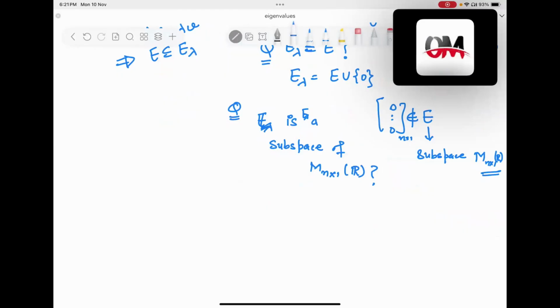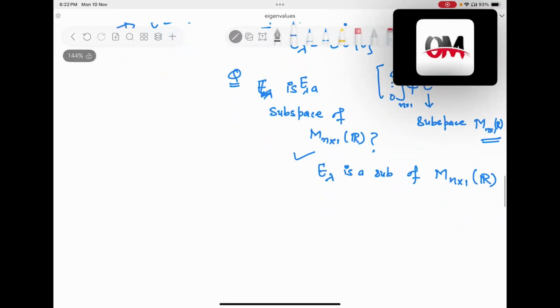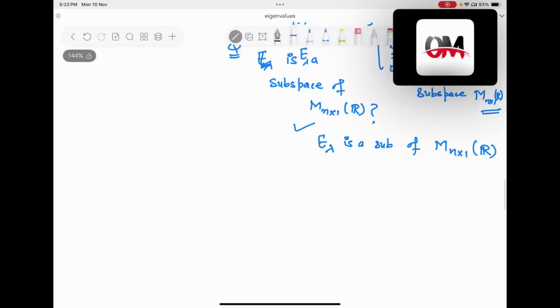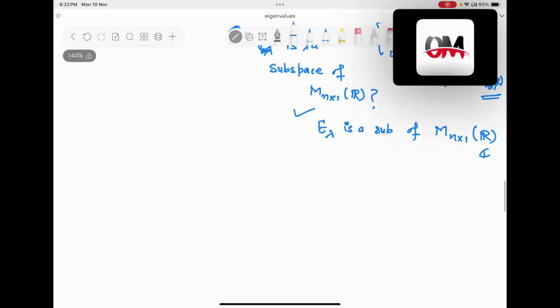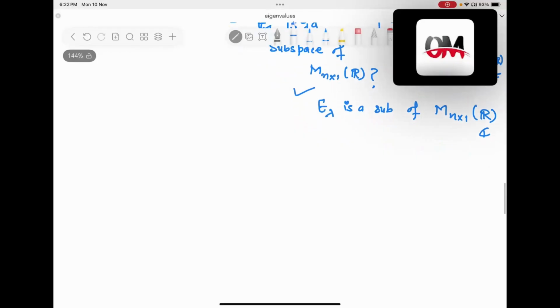Is E lambda a subspace? Yes, sir. E lambda is a subspace. Yeah, it is a subspace. So it will always form a subspace. E lambda is a subspace of M n cross 1, if you are doing everything on the real field, or you can take C also, if you are doing everything on the complex field. Okay.